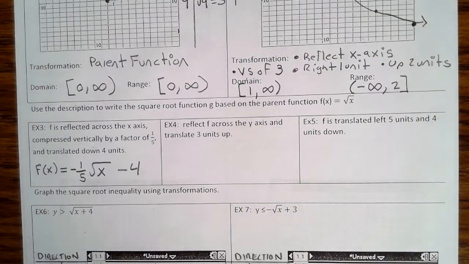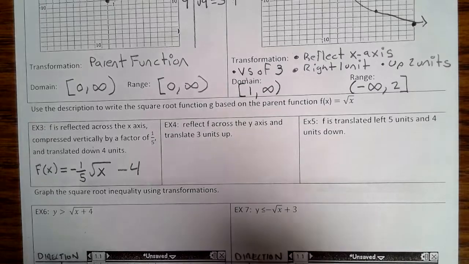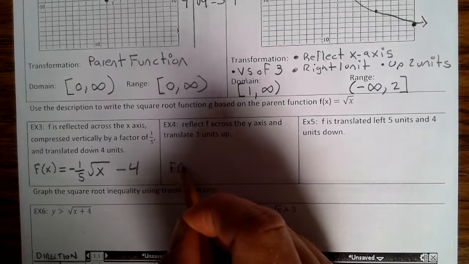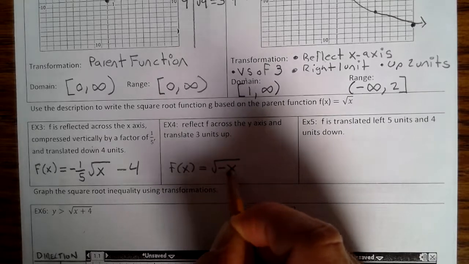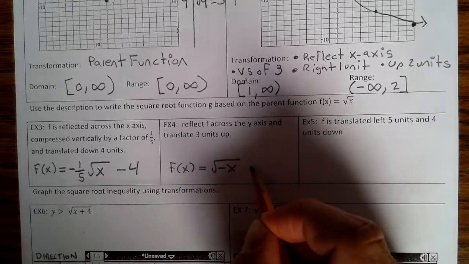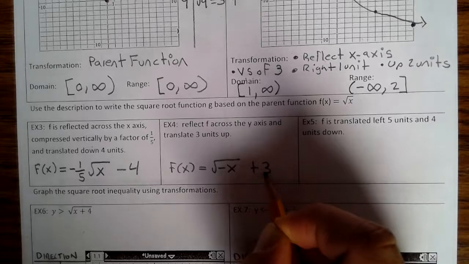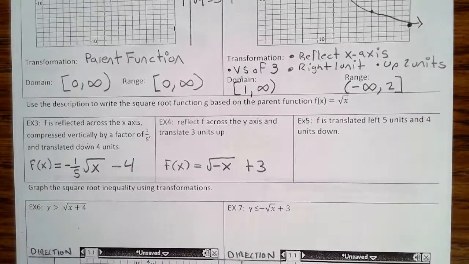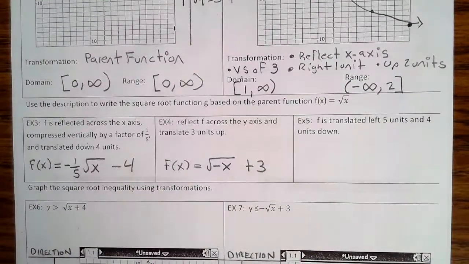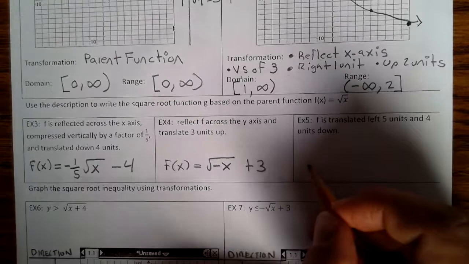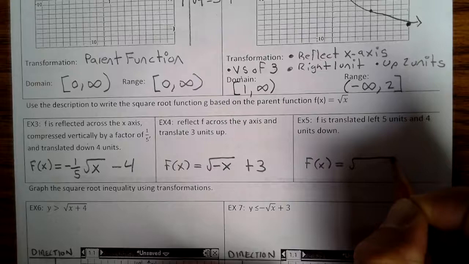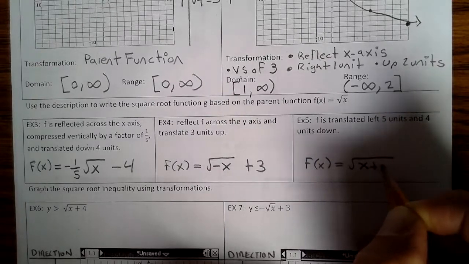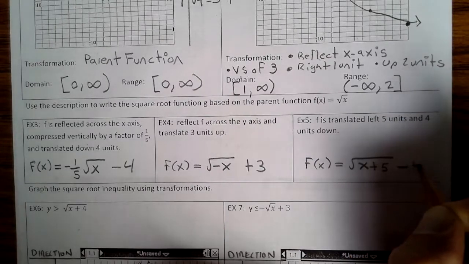Then for the next one, reflect f across the y-axis and translate 3 units up. So then that's g of x equals the square root of negative x plus 3. Example 5. If f is translated left 5 units and 4 units down, so g of x equals the square root of x plus 5 minus 4.